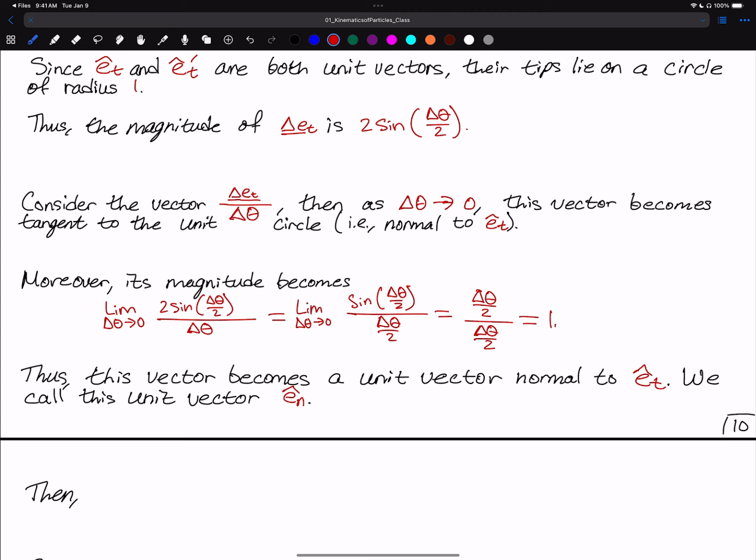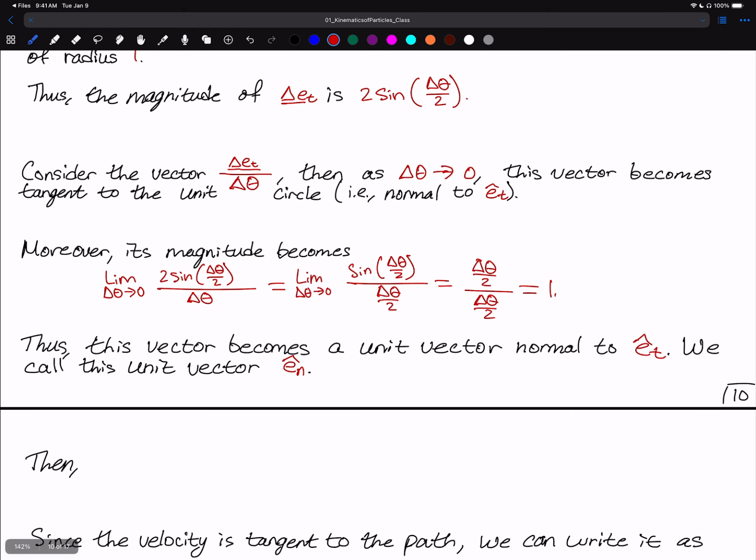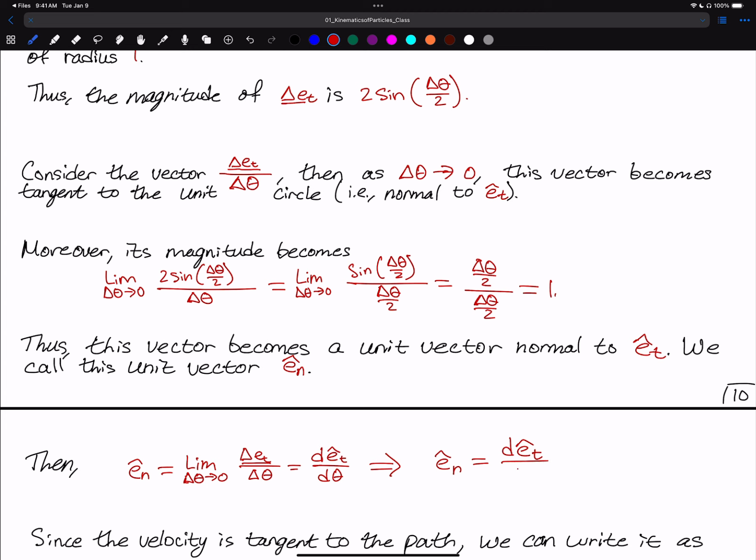Thus we have now defined a new unit vector that is normal to the tangential vector E hat T. We're going to call it E hat n for the normal direction, and it's equal to the limit as delta theta goes to 0 of the vector delta E T over delta theta, which is the derivative of E hat T with respect to theta, such that our normal direction E hat n is equal to d E hat T over d theta.